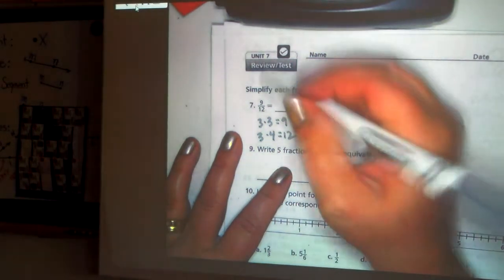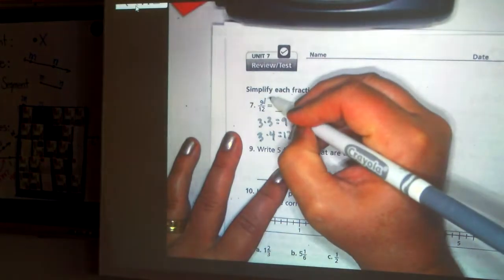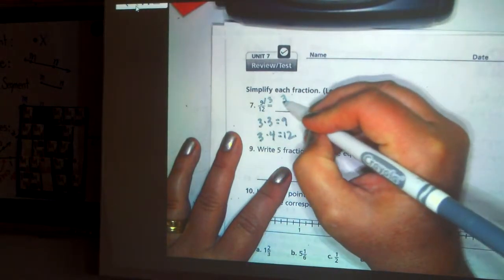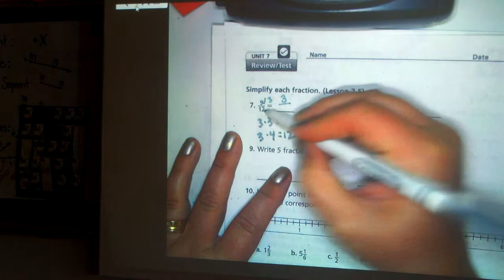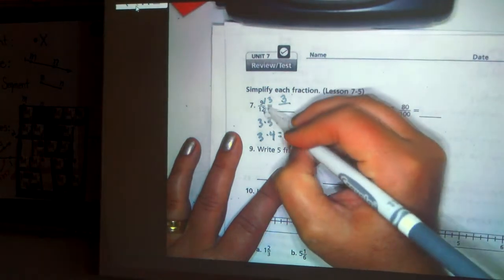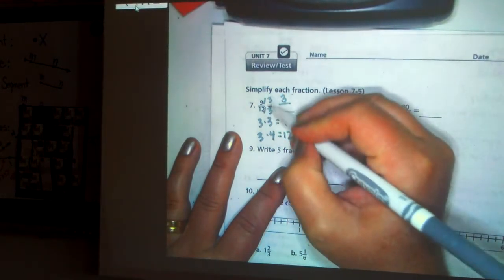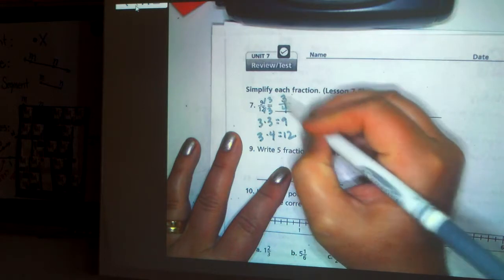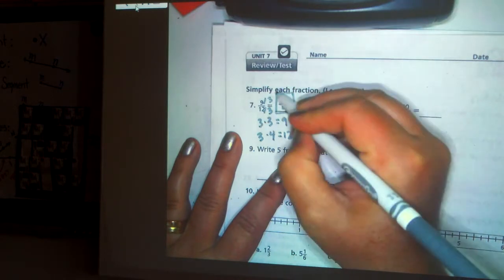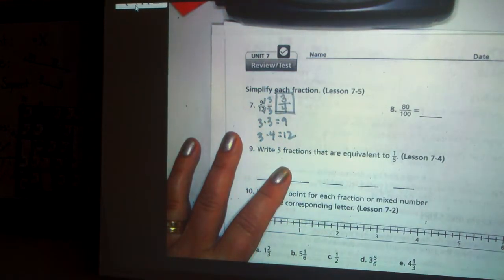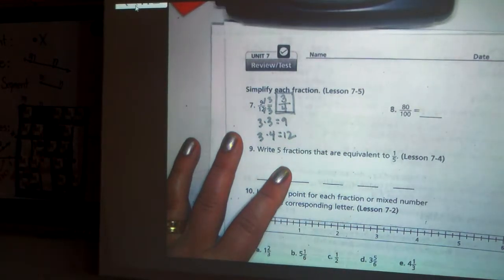So if I think about this as 9 divided by 3, my numerator becomes 3. And if I think about this as 12 divided by 3, I have 3 over 3, which is 1. It becomes 4. So I know that 9/12 equals 3/4.